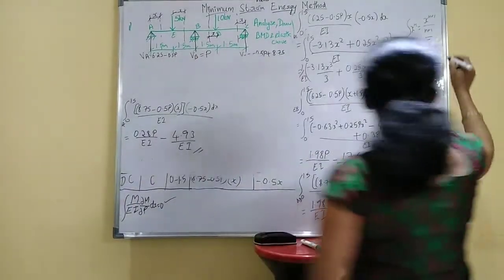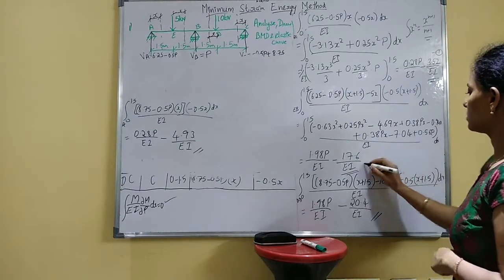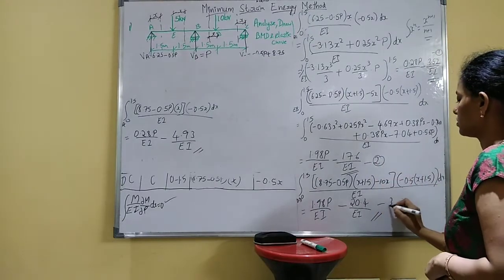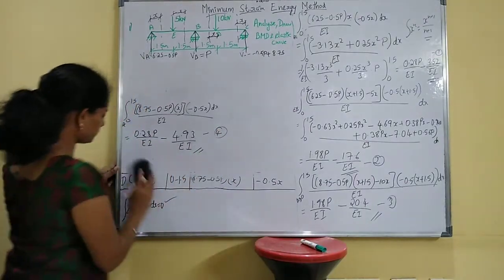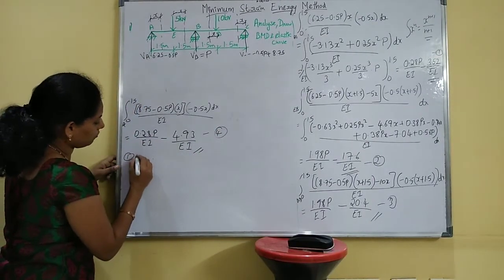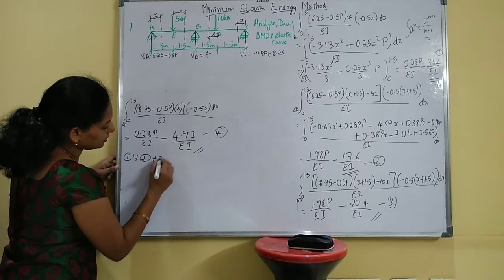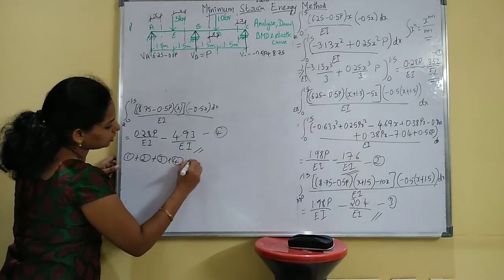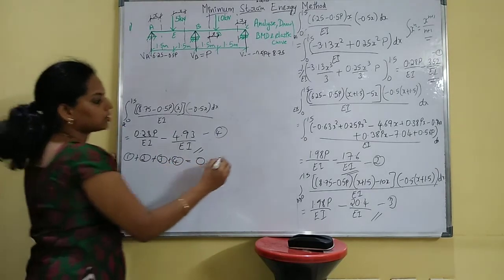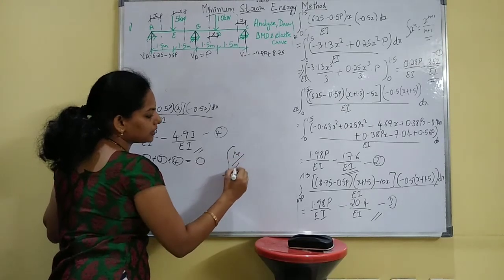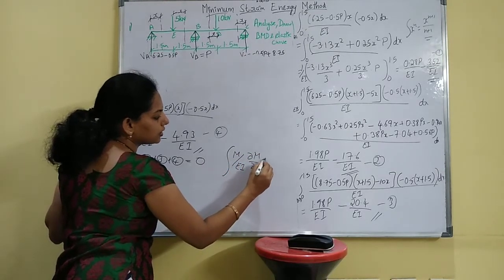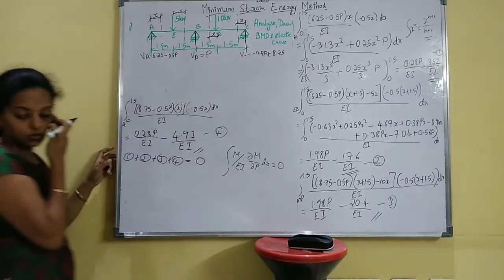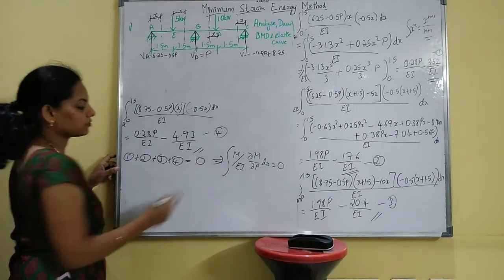So this is 1, 2, 3, 4. 1 plus 2 plus 3 plus 4 equal to 0. Formula is integral of M by EI dou M by dou P dx equal to 0. This is just the minimum strain energy formula.